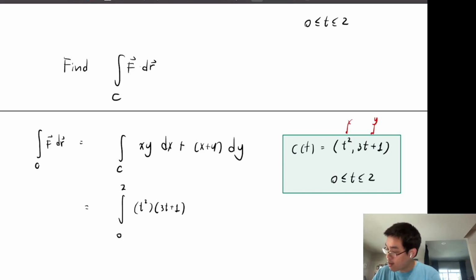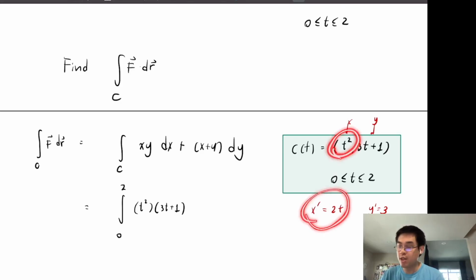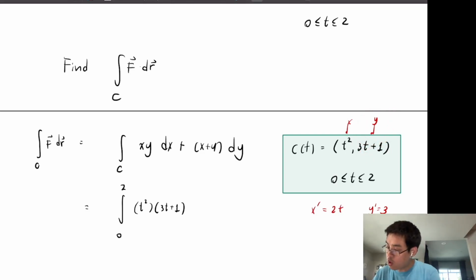Then dx will be 2t and dy will be 3. For those of you who didn't see where it came from, t squared becomes 2t, and y equals 3t plus 1 becomes 3. So dx will be 2t, then x plus y will be 2t plus 3, and then dy will be times 3 dt.